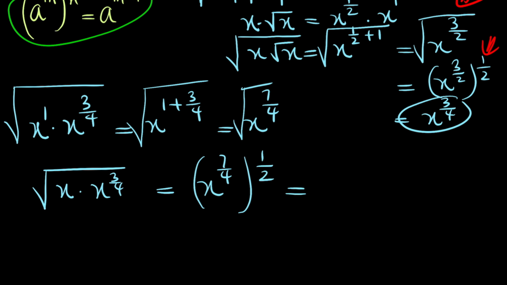Using the law we applied here, open the brackets by multiplying the powers, so we have x raised to power 7 over 4 times 1 over 2 is 7 over 8.